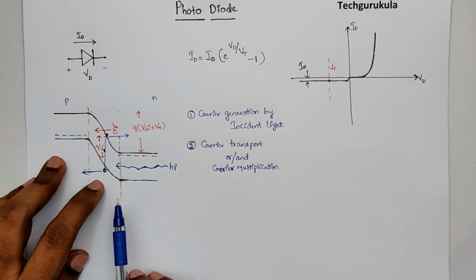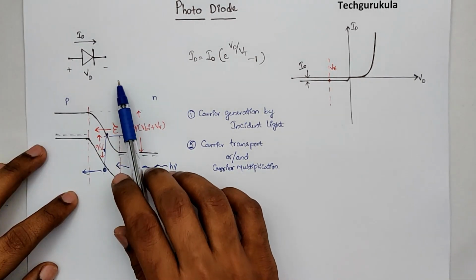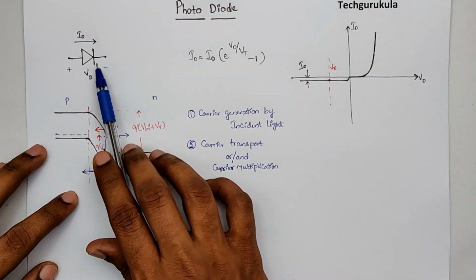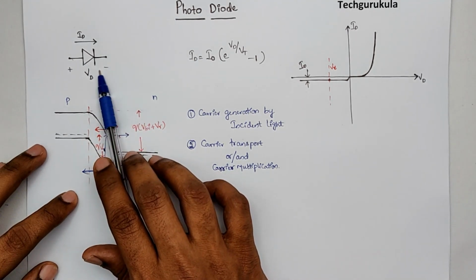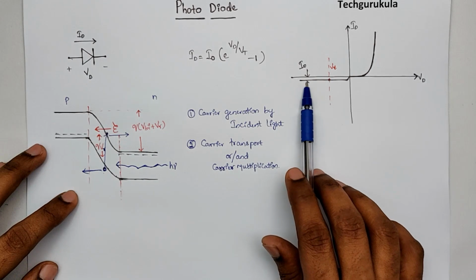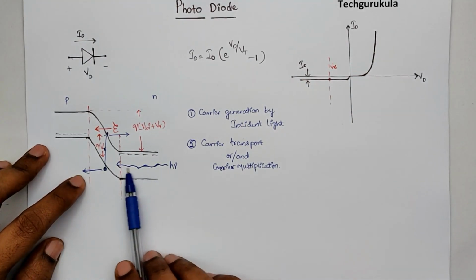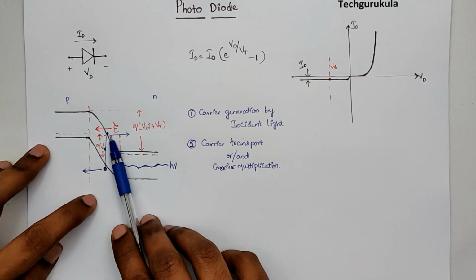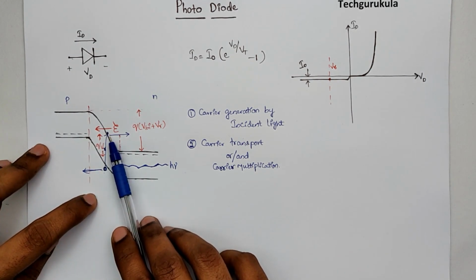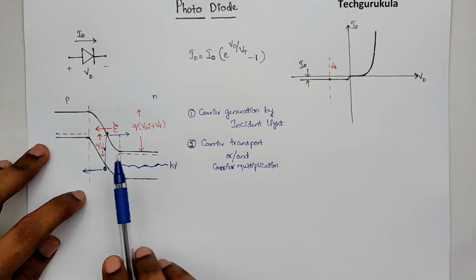Now if we compare, when there was no incident light on the PN junction, the amount of current that was flowing was I0. By having incident light, we created more carriers. Hence, the amount of carriers present for conduction is higher.